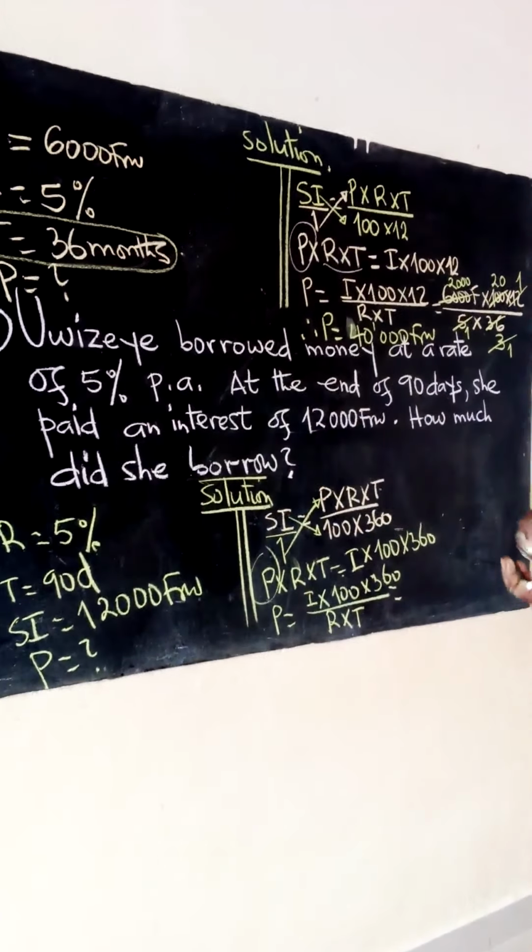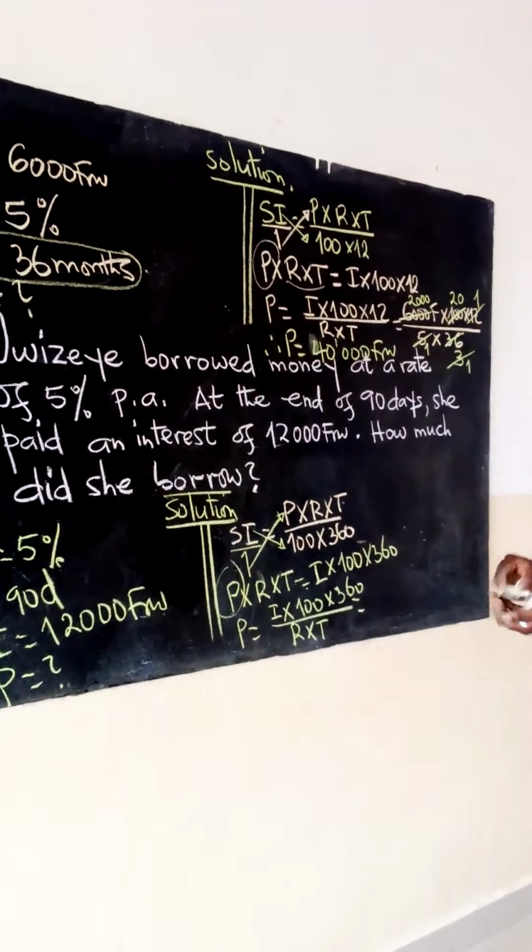Time. By substitution, we shall have interest 12,100 francs times 100 times 360 over rate is 5 times 90.